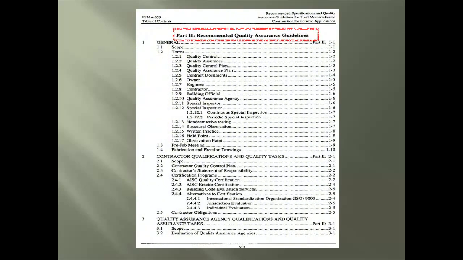Let's move into part 2 of the FEMA document. Chapter 1, General, includes pre-job meetings and drawings. Now in Chapter 2, Contractor Qualification and Tasks, another valuable checklist is provided.